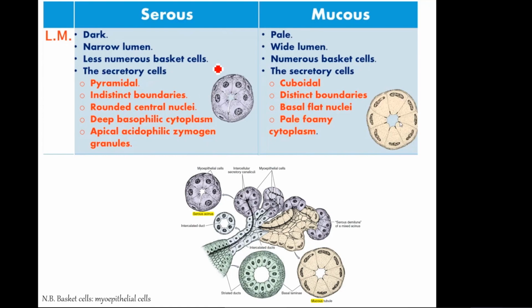So here I'm just trying to repeat what I mentioned, but there is something else I think we forgot to say, that the boundaries between the cells are not very clear and distinct. So they are indistinct boundaries in the serous acinus, but they are very clear between the mucus cells.